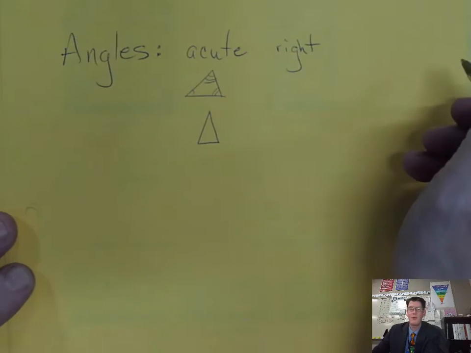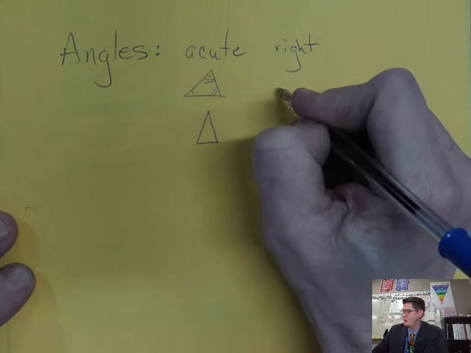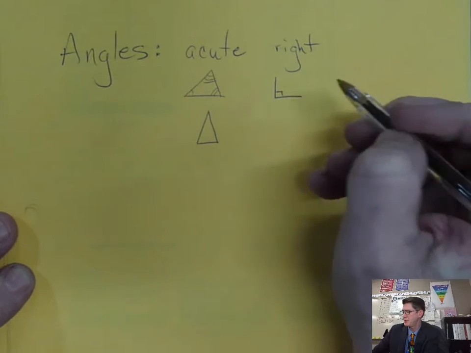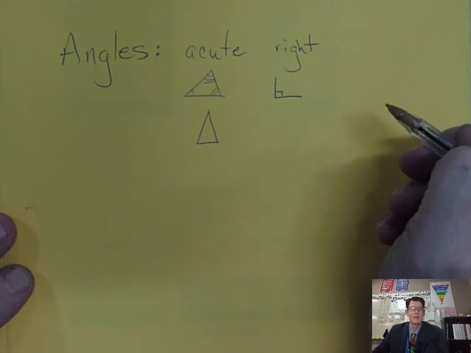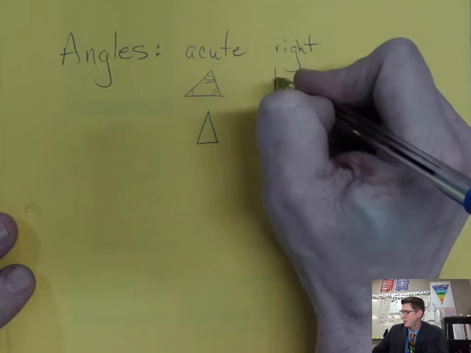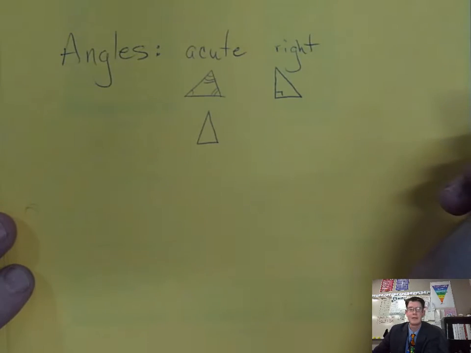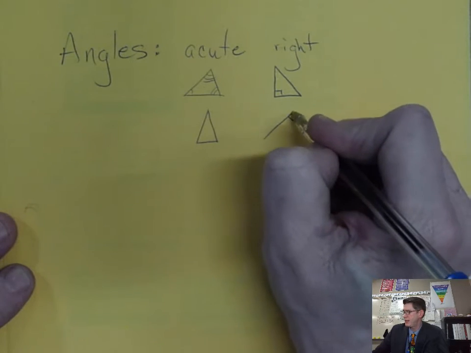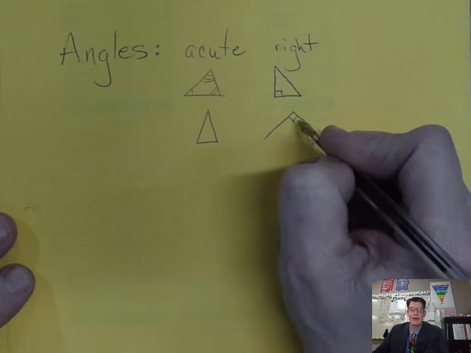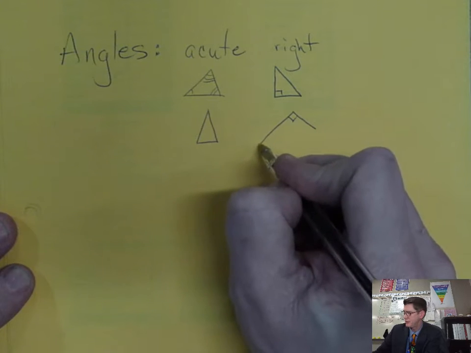We talk about right triangles. Right triangles are where one of the angles, there's that box for the right angle, is a right angle. It might look like this. That might be the right angle right there. That's 90 degrees.